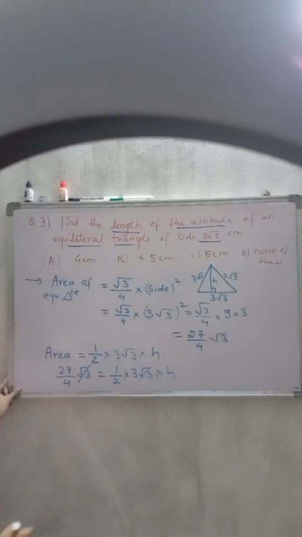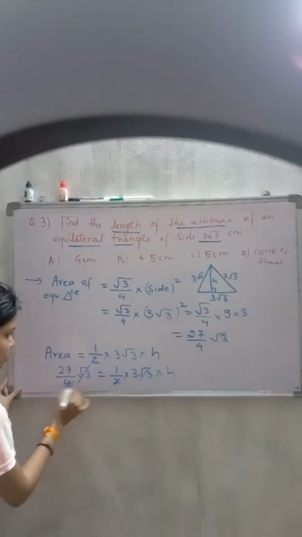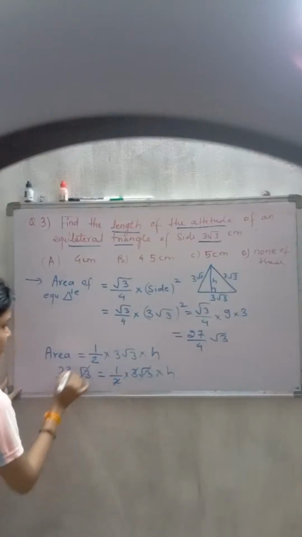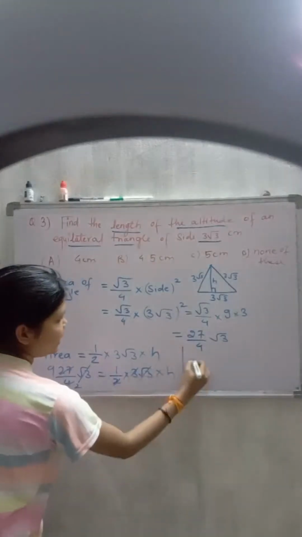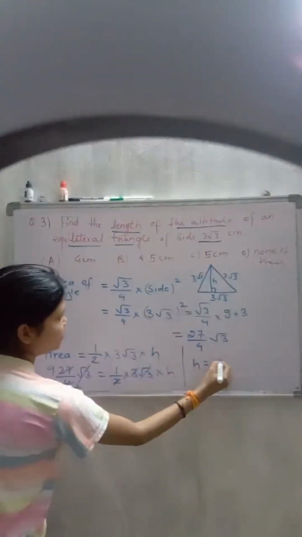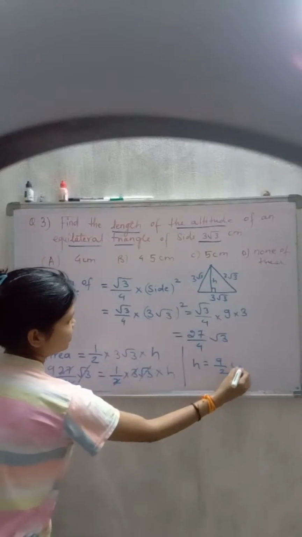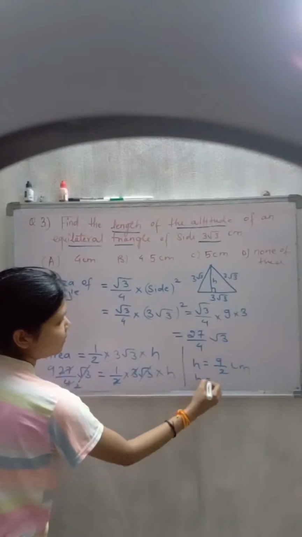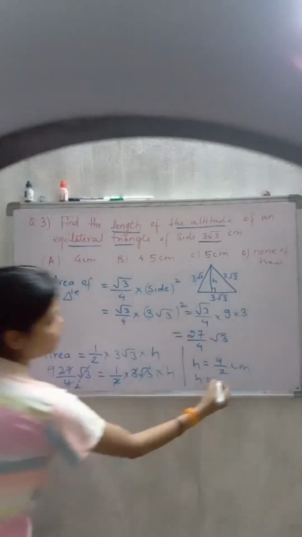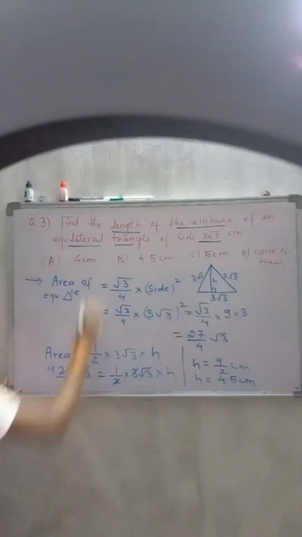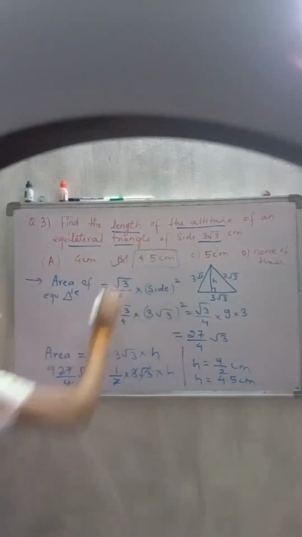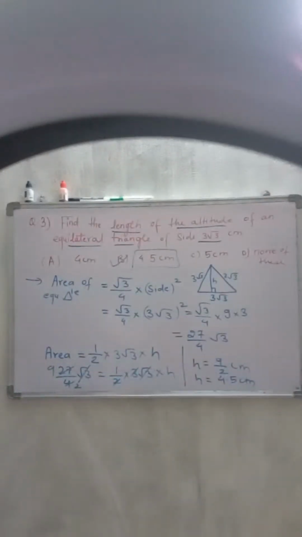Root 3 gets cancelled out. 2 ones are 2, 2 twos are 3 nines are. So h will be equal to 9 by 2 centimeter. 9 by 2, half of 9 will be 4.5 centimeter. Option B is the correct answer.